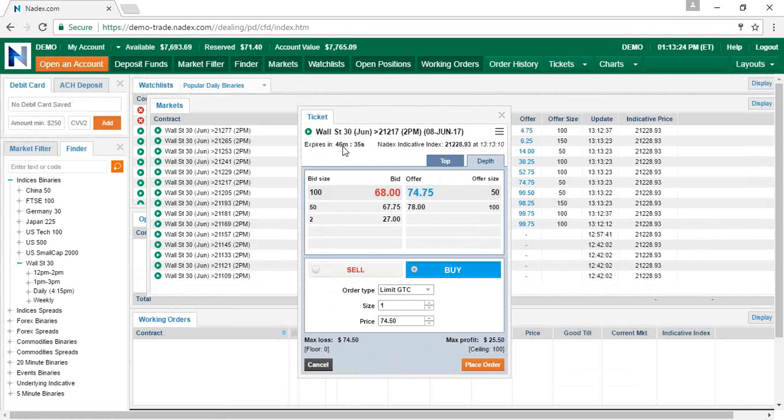In 46 minutes and 35 seconds, this will expire either in the money or out of the money. The statement will expire true or false, right? And I'll either profit $25.50 or I'll lose $74.50. This binary strike is saying the Wall Street 30 will be greater than 21,217 at 2 p.m. If the market expires at 21,216, what happens?